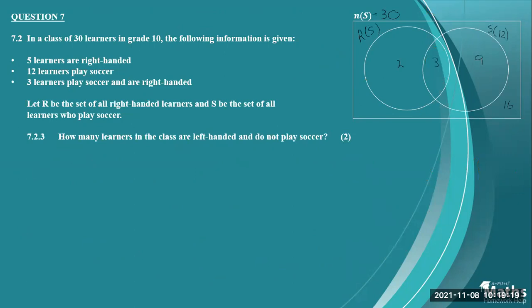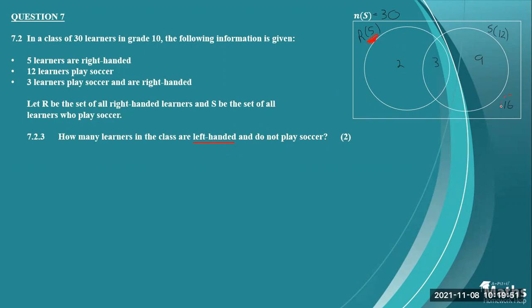Let's look at the next question. It says here, how many of the learners in this class are left-handed and they also don't play soccer? So it's not just anywhere, it's actually going to be in the class. How many learners in the class are left-handed? Well, we already know those in the class that are right-handed will be 5. So if you're not right-handed, you will be left-handed.